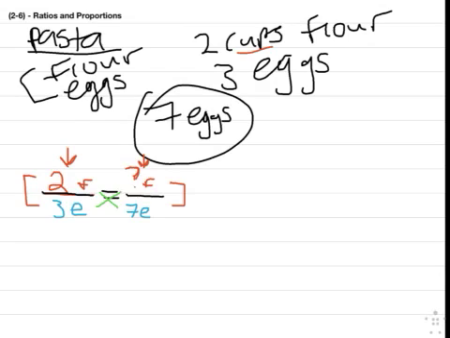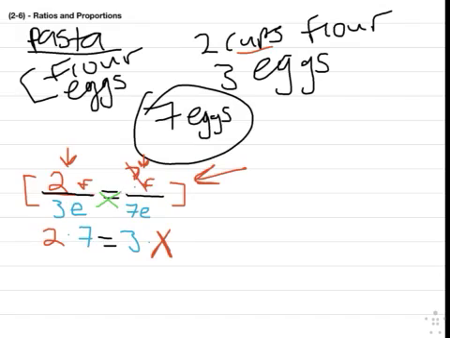So essentially, we end up getting 2 times 7 equals 3, and let's call this x. All right. Whoops, that should be red. 3x.